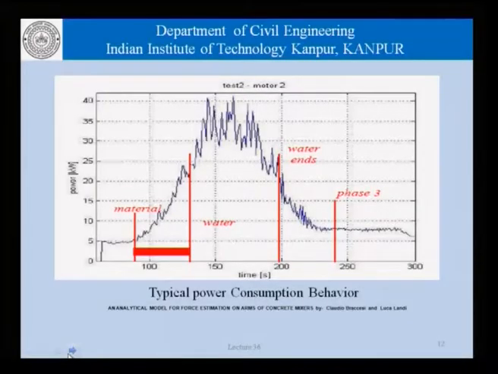This here is a typical power consumption behavior observed in a test where the power consumption is monitored over a period of, let us say, 5 minutes while the mixing is being done and different ingredients are being added. So, I do not have any reason to explain this graph in very great detail, except that one must remember that this is the kind of work that one needs to do if we are trying to evaluate a particular mixer.